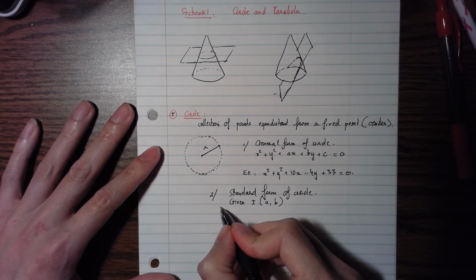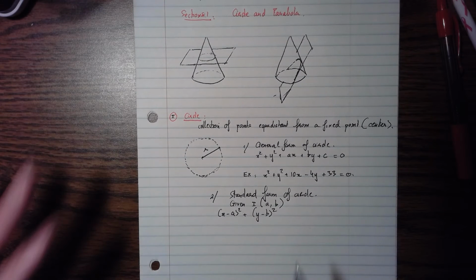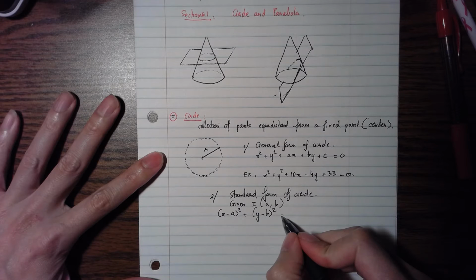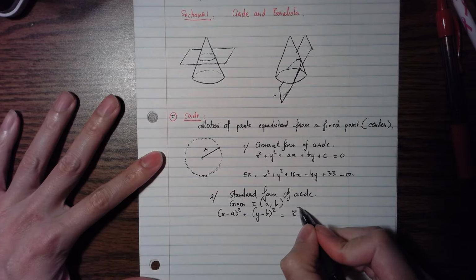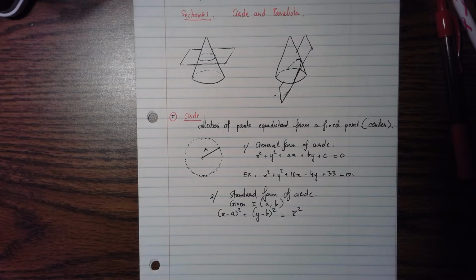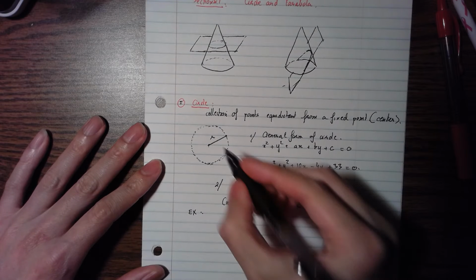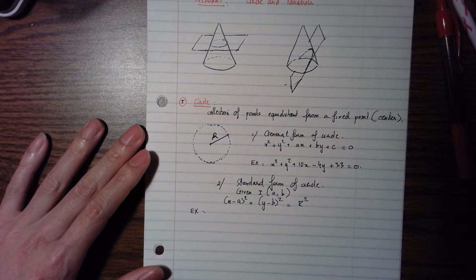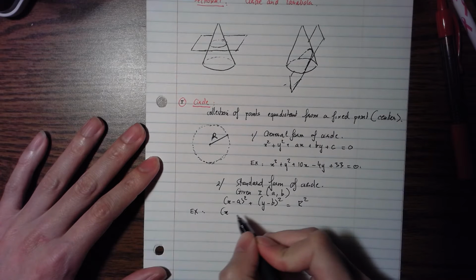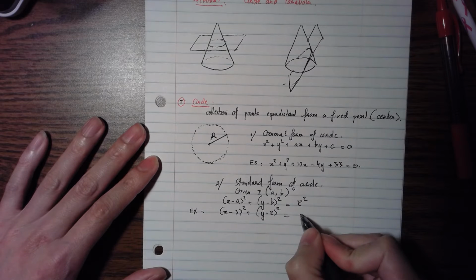The standard form is related to the coordinates of the center. Given the center I with coordinates (a, b), the standard form of the circle is (x minus a) squared plus (y minus b) squared equals r squared, where r is the radius. Sometimes they use h and k; a and b, it doesn't matter. I'm going to write capital R right here. For example, I have (x minus 3) squared plus (y minus 2) squared equals 9.